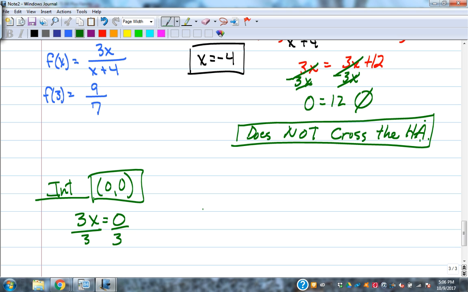For the y-intercept, we plug in a 0. 3 times 0 over 0 plus 4. That'd be 0 over 4, which is 0. So the 0, 0 is an x-intercept and it's the y-intercept. So the only intercept we have is at 0, 0. And we got our stuff.